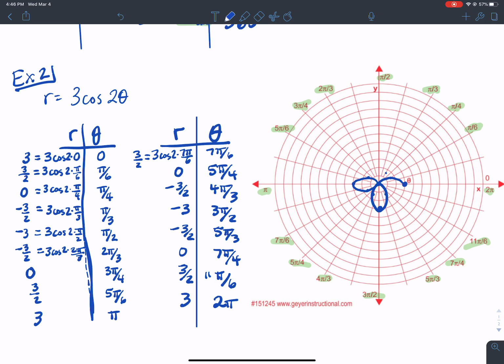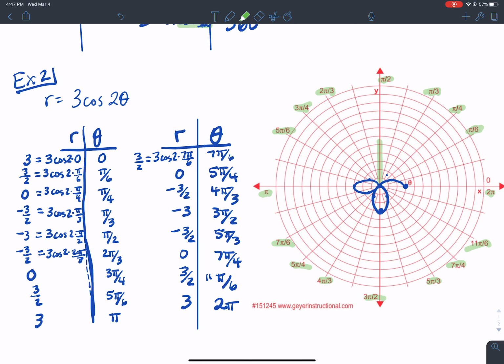And then at 3 pi over 2, we have to graph on the extension for that. On the extension, we have to go back negative 3. So 1, 2, 3. And then for 5 pi over 3, we have to go back on the extension for that one. That's right here.